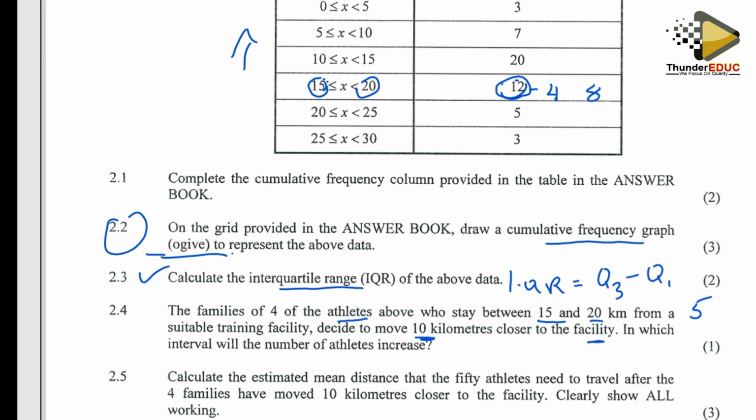So which means these people move from there up to that category. Because this will be 5 kilometers and then another 5, which is 10. Then they're asking us in which interval will the number of athletes increase. So it's going to increase in the interval of 5 is less or equal to X and then less than 10.